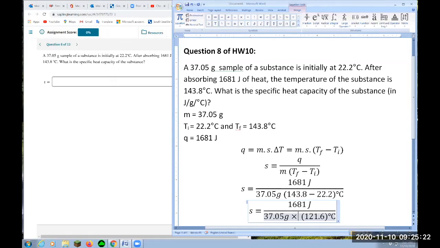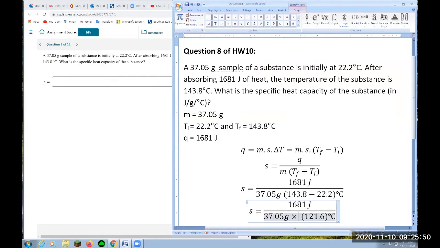So in the calculator, you do 1,681 divided by 37.05, and divided again by 121.6. You can also do 1,681 joules divided, open the parentheses, input the mass times the temperature difference, close the parentheses.